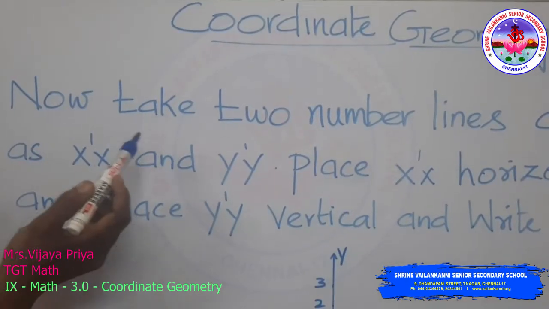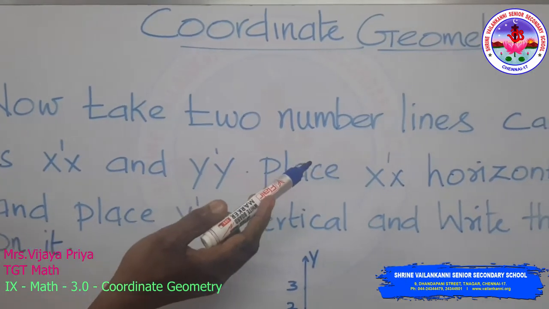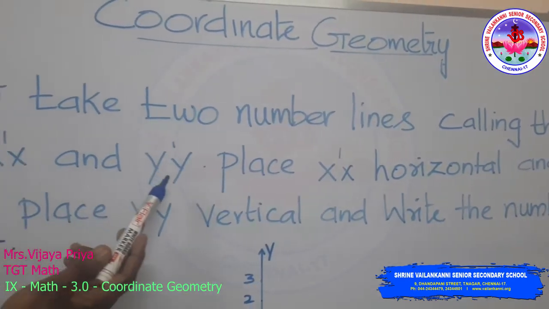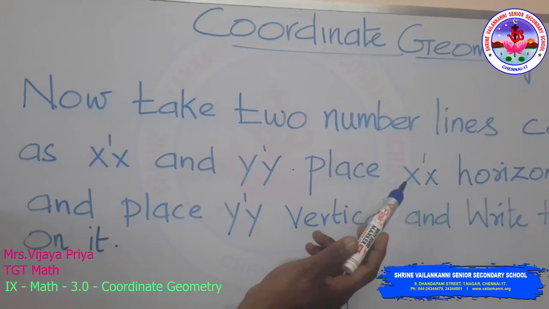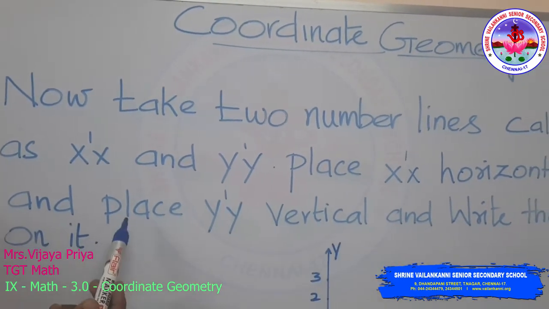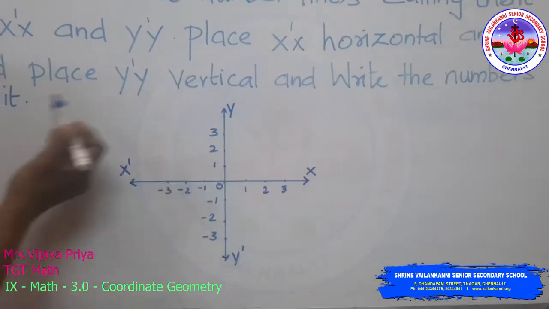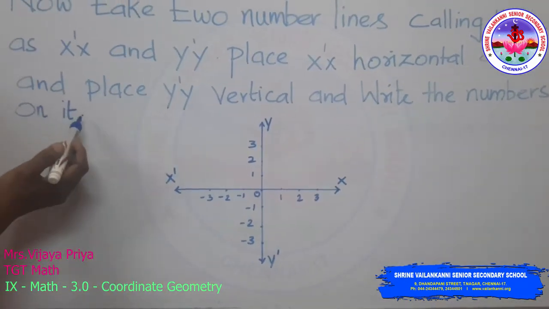Now take 2 number lines, calling them X'X and Y'Y. Place X'X horizontal and Y'Y vertical and write the numbers on them as we have written on the number line.